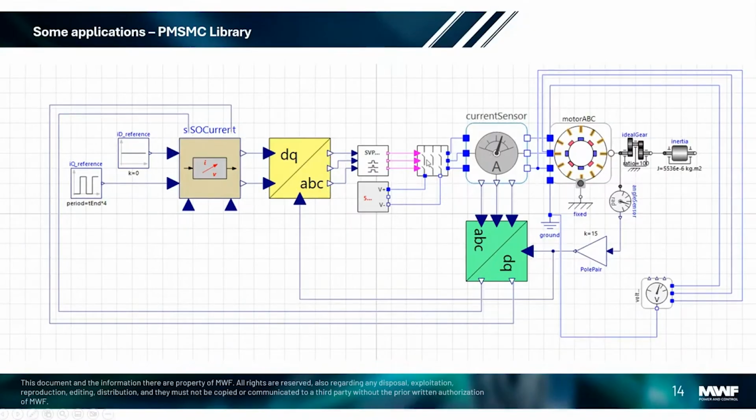And as in the real case, this motor is not gonna run if you don't have a closed loop for current, and subsequently a closed loop for angular velocity as well.